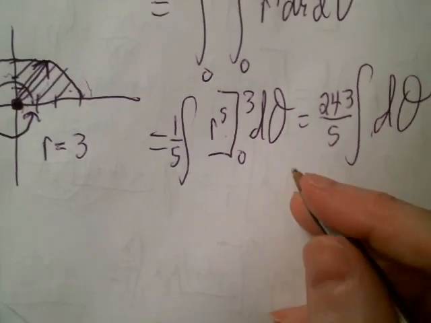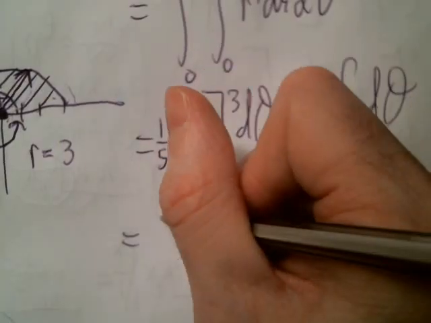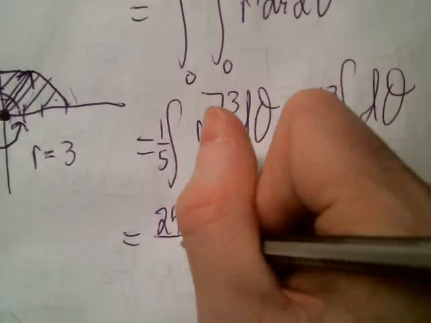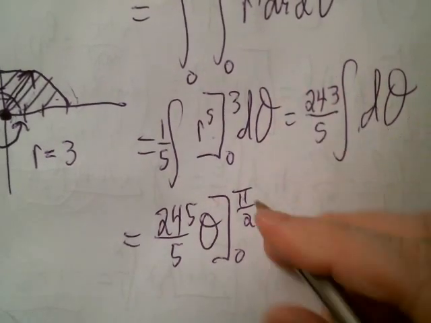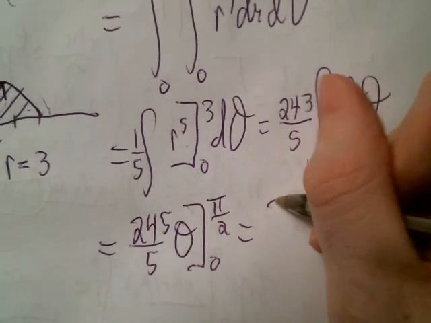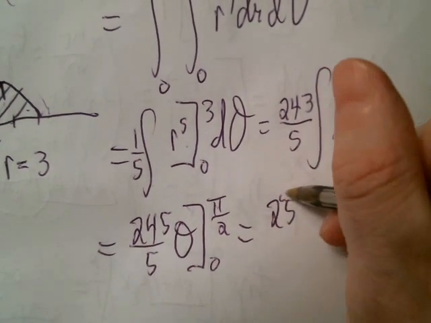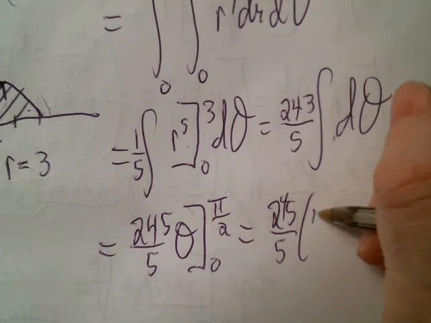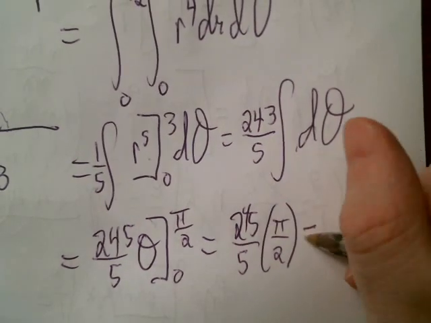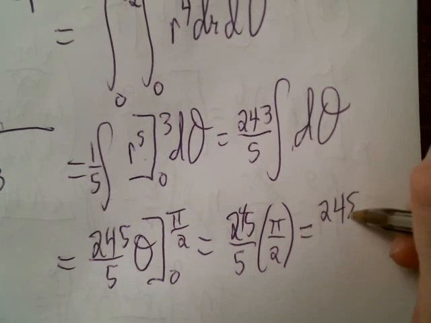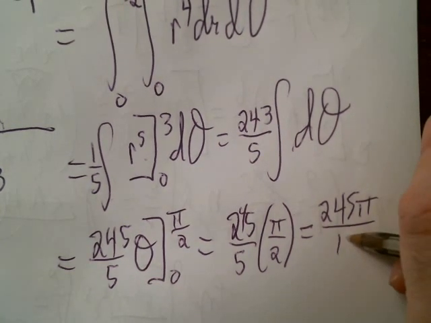Then integrate with respect to theta, so it's 243 over 5 times theta, evaluated from 0 to pi over 2. So that will be 243 over 5 times pi over 2 minus 0, which is equal to 243 pi over 10.